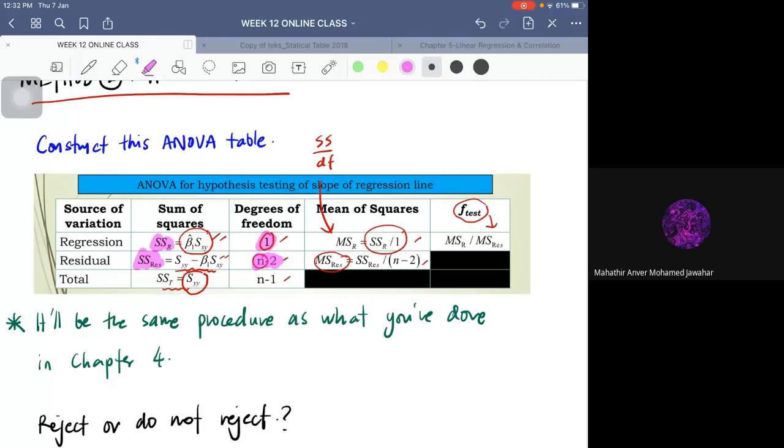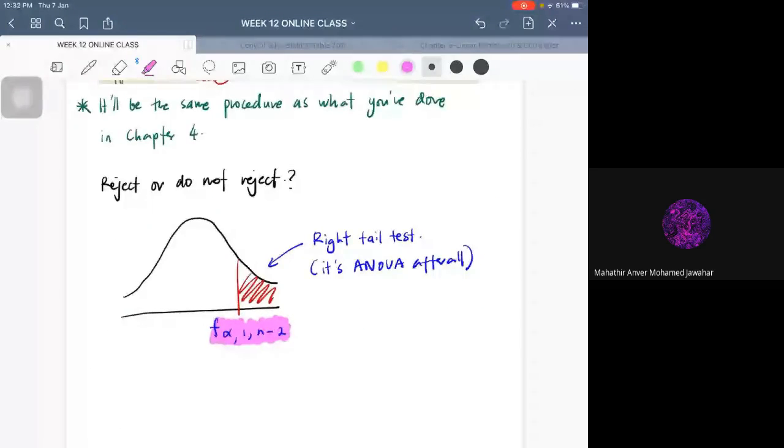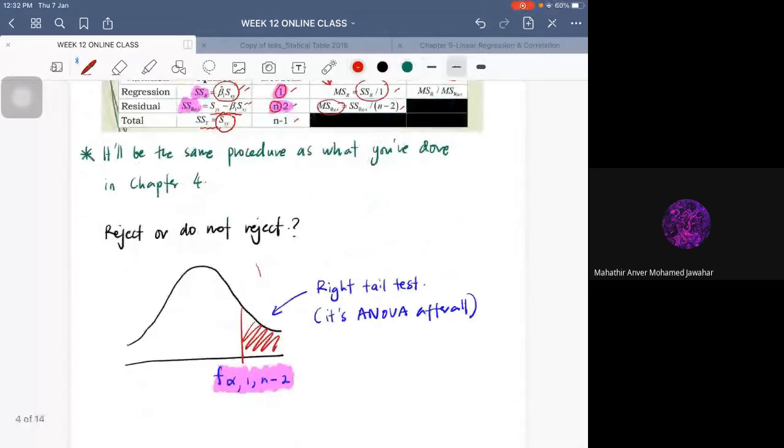Okay, so that is going to be the critical value. And remember, if you did a right-tail test for ANOVA, it's going to be the same for this case as well. It is also going to be a right-tailed test. So if you compare with the value of F-test, and it falls into the rejection region, you reject. If it falls into the acceptance region, then you do not reject. So that is how you decide whether you reject or not.